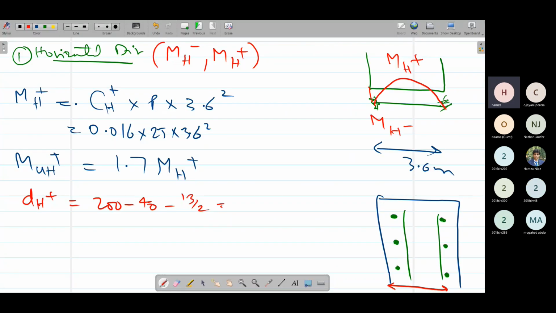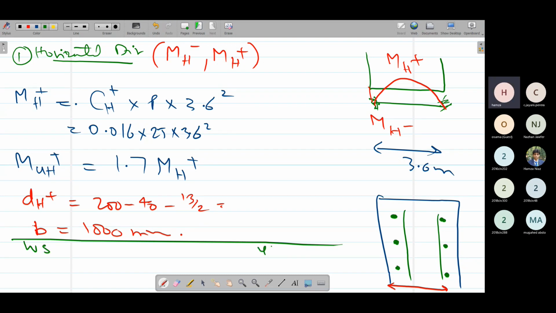We do not have a 12 diameter bar, so we have to take 13. So we have to take this dH positive value, and afterwards we know the value of b, that is 1000 millimeters. So using this, again we have to do the working stress and ultimate stress design using these two moments. We have MH positive here, and MUH positive here.